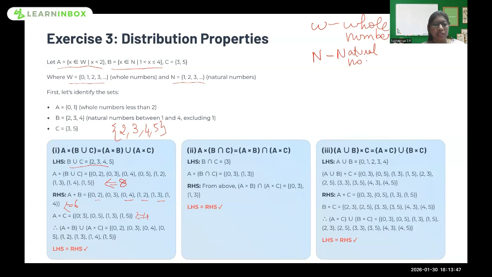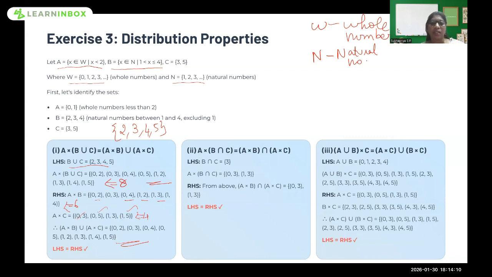And then 0, 3 we already wrote, so there's no need to write again. 0, 5 will be coming, 1, 3 we already wrote, and 1, 5 we have to write. Now please check what is our RHS and our LHS. They will be equal, so LHS is equal to RHS, that's our property getting proved.